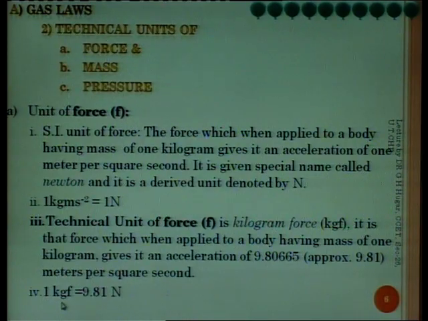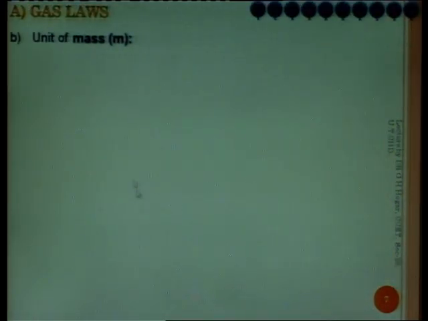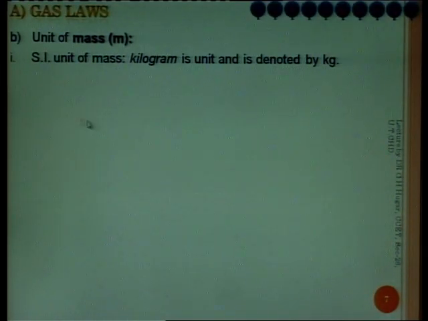So, 1 kilogram force is 9.81 Newton. It is also called kilogram weight, but g varies from place to place, therefore, we cannot equate this one.